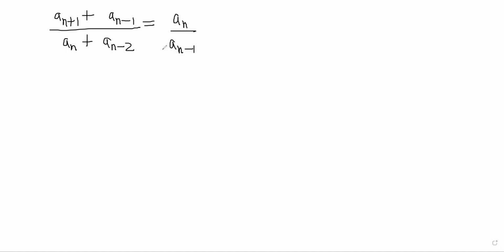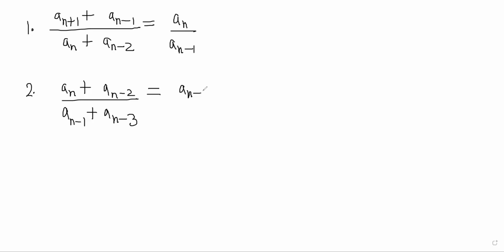Now, if you replace every n plus 1 with n, this is equation 1. I will get a new equation, which will be (a_n + a_{n-2}) / (a_{n-1} + a_{n-3}) = a_{n-1} / a_{n-2}, right? And like this, if you keep reducing one term, every term you are reducing by 1, right?